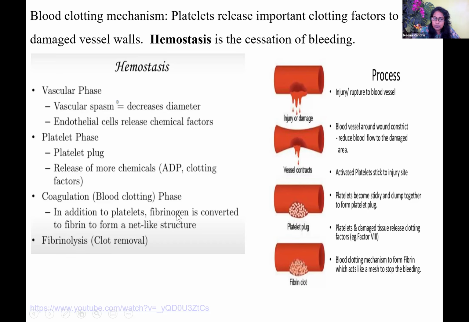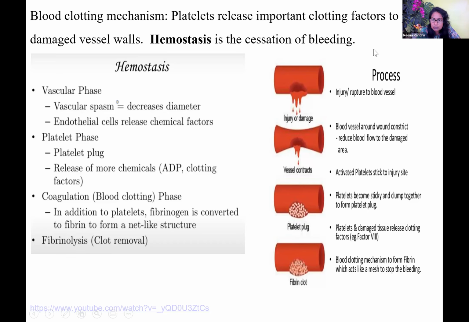So there are many proteins. The fibrinogen in the blood that we learned earlier will be converted to long protein molecules called fibrin, and they'll form a network. In the network, it will trap all the proteins and platelets, thereby forming a nice tight seal.